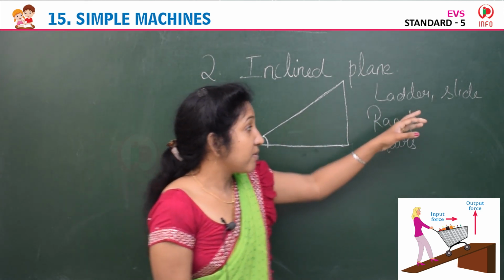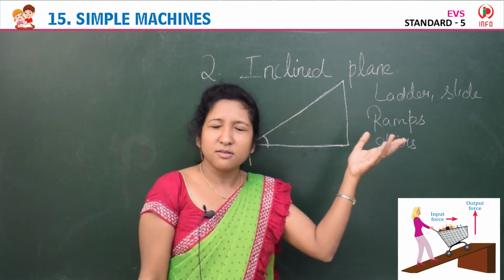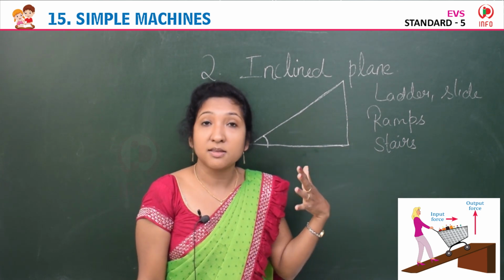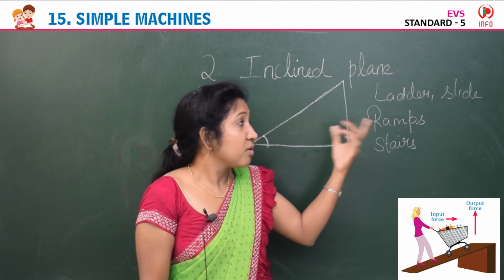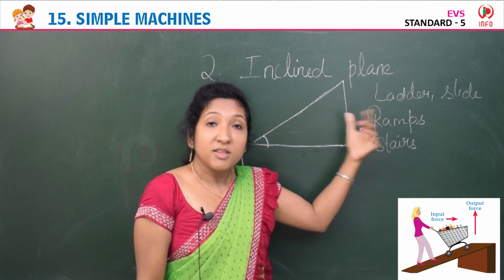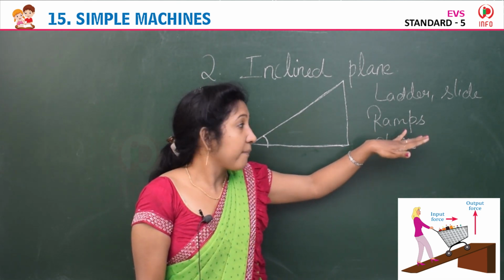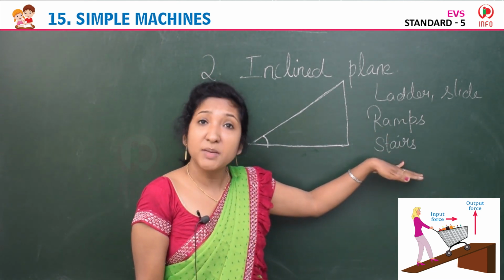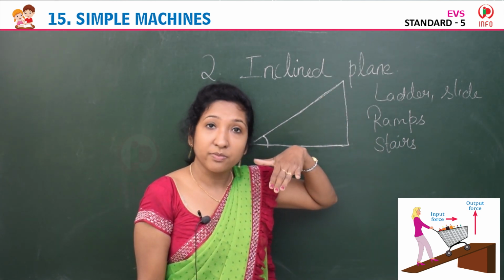You can see ramps over the surfaces like offices or in hospitals. A person on a wheelchair won't be able to climb steps, right? So they are free to move on the wheelchair on ramps, isn't it? Then, instead of climbing steps. Stairs is also an example of an inclined plane.